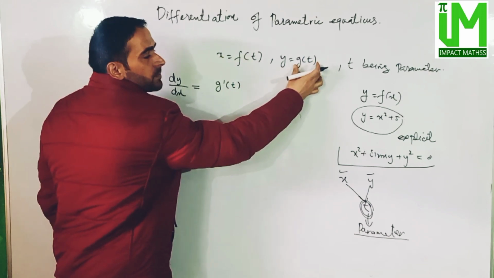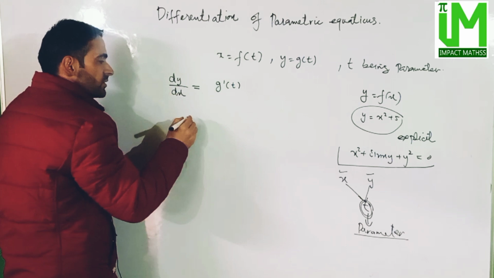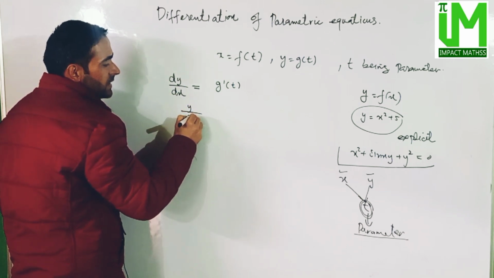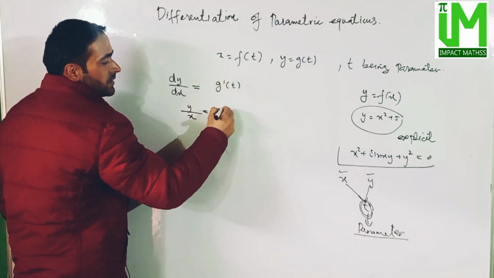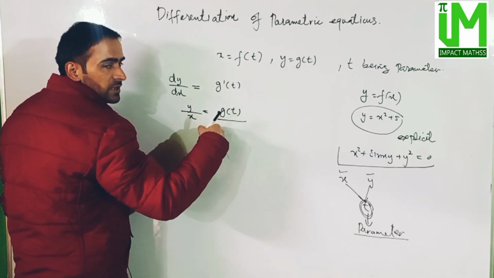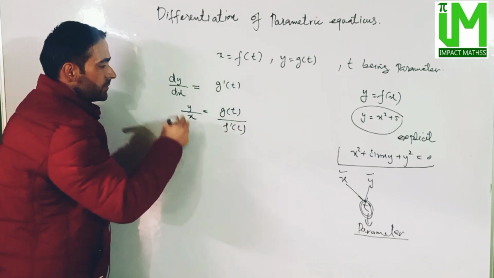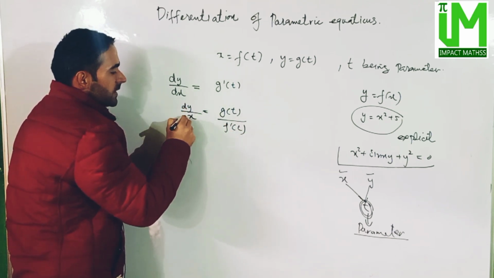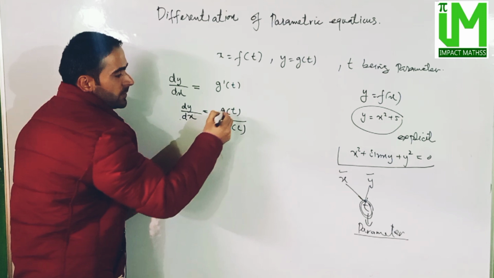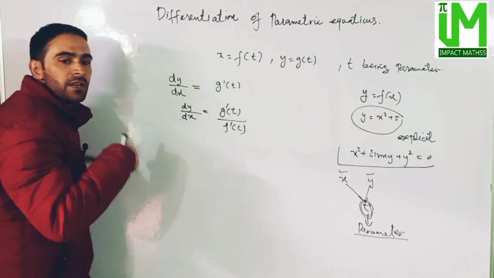And x is f of t, so dy divided by dx will be g dash of t divided by f dash of t.